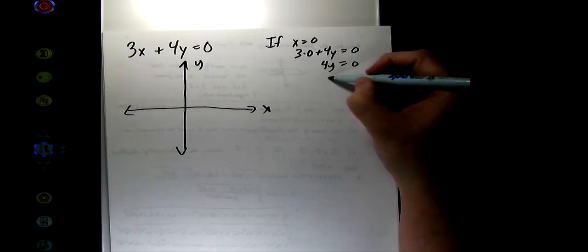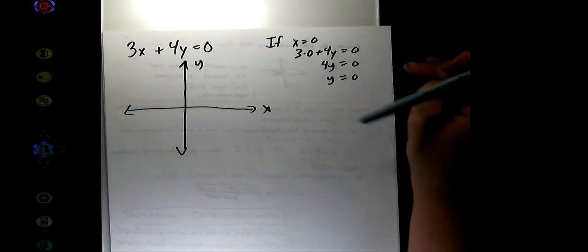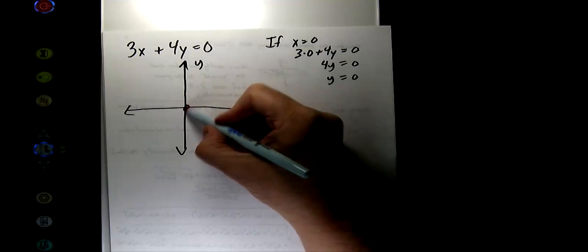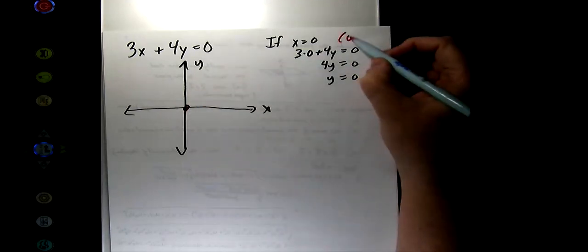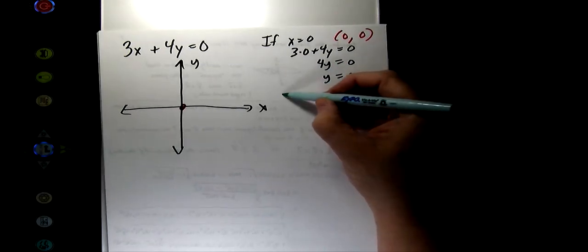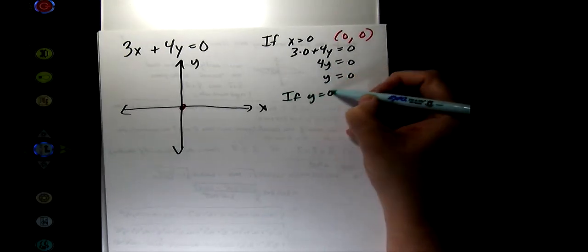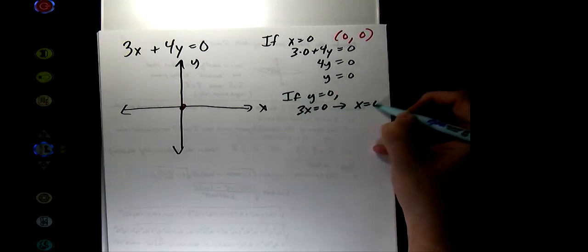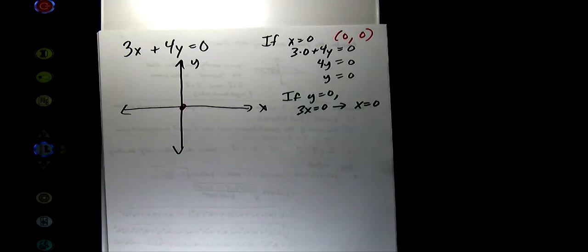And if I divide by 4, y equals 0. I get 0, 0 for that one. Unfortunately, the same happens when you plug in y. We have 3x equals 0, and it shows that x equals 0 also. So we've only got 1 point.